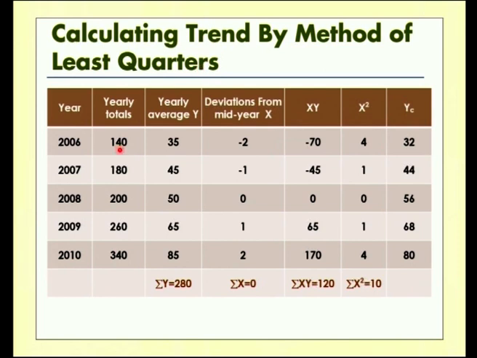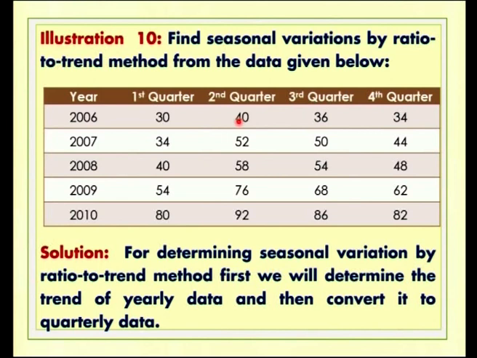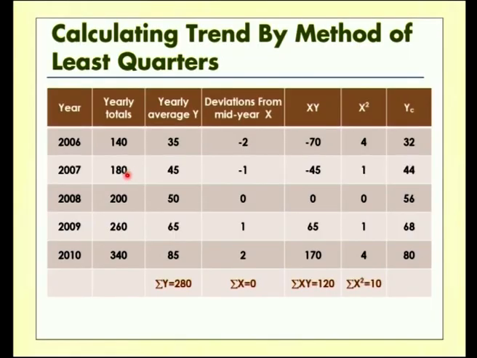So, this 140 is the yearly total, which is nothing but the first quarter total plus second quarter total plus third quarter total plus fourth quarter total, that is 30 plus 40 plus 36 plus 34. Similarly, 180 is obtained by adding all the 4 quarter values in 2007. Then the yearly average y is obtained by dividing by 4, because 140 is obtained by adding 4 values.